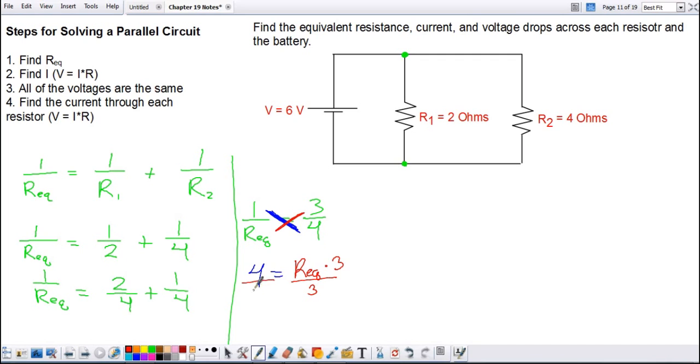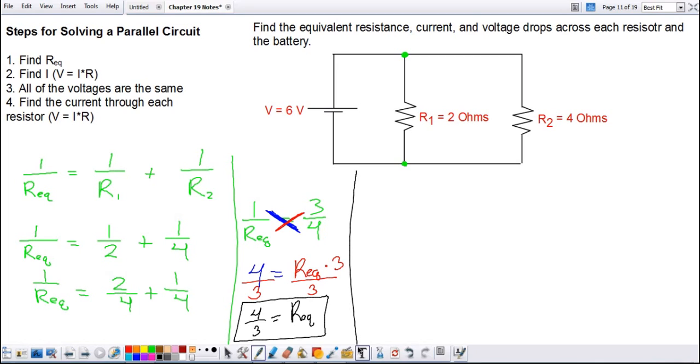Divide both sides by 3. And we end up with 4/3 is equal to the equivalent resistance. We can leave it as a fraction. You could make it a decimal. In this case, it's just going to be 1.3 repeating. So since it repeats for a while, I'm going to go ahead and just leave it as the fraction for now.